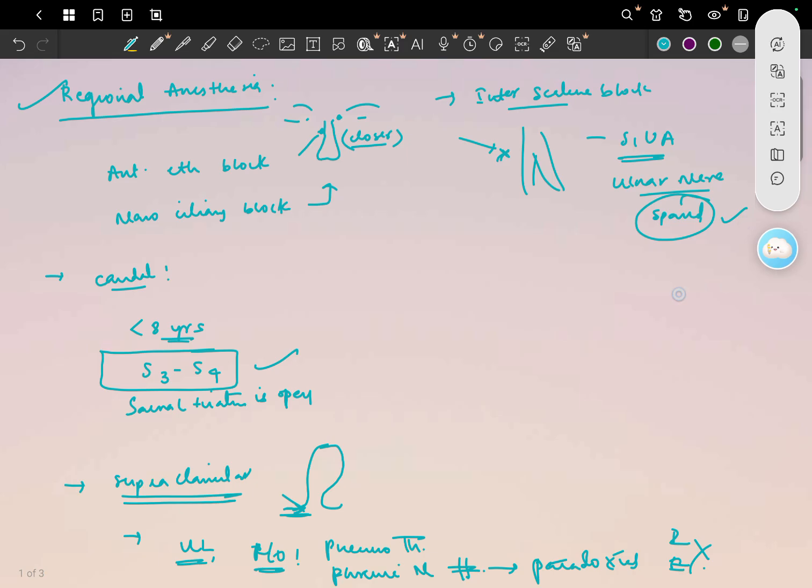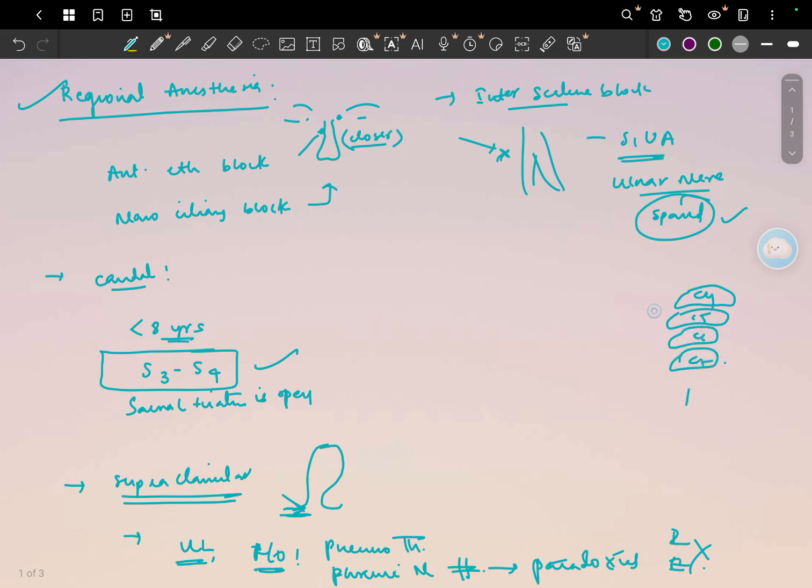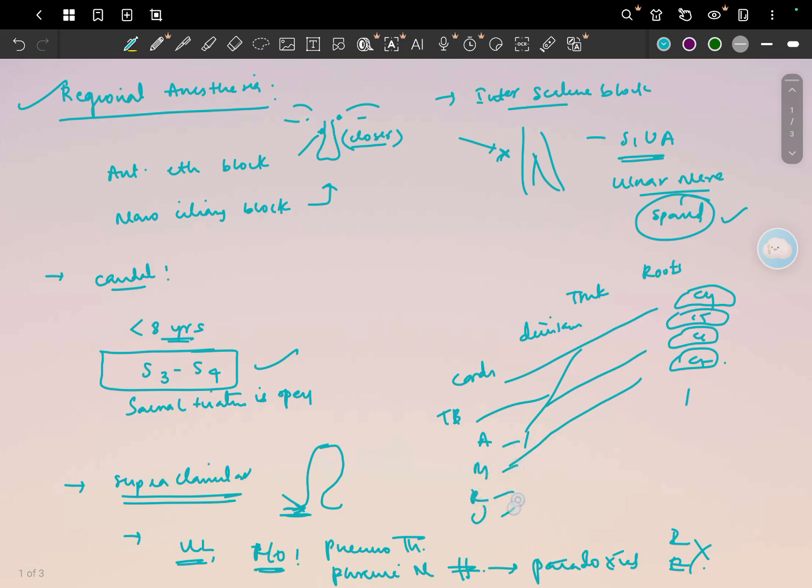So these are vertebrae C4, C5, C6, C7 and so on. So we will be having our brachial plexus. We'll have roots first, then trunks, divisions, then cords, and then we have terminal branches, and here we have the terminal branches, so these are also terminal branches.